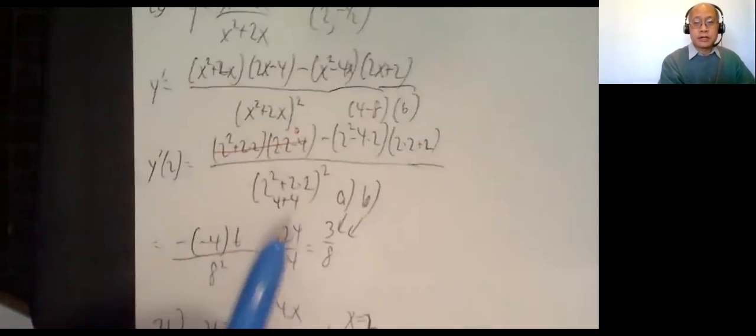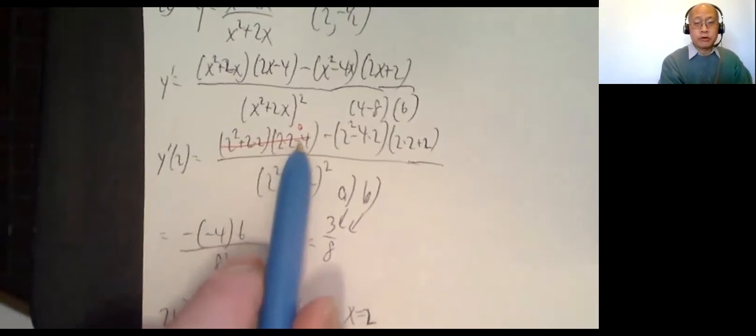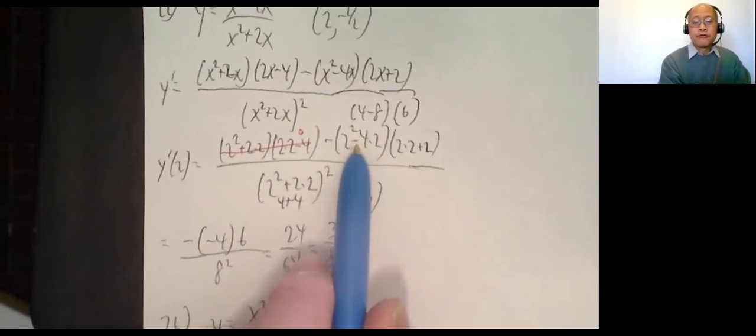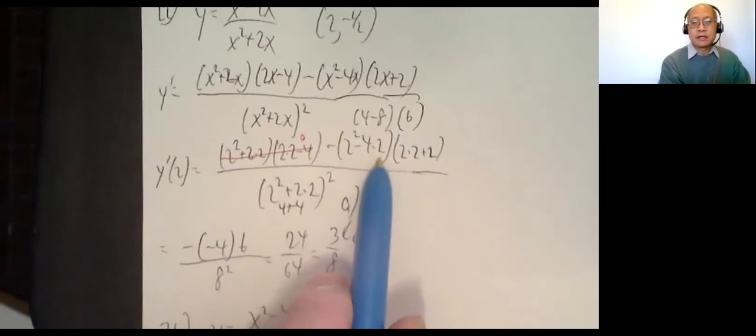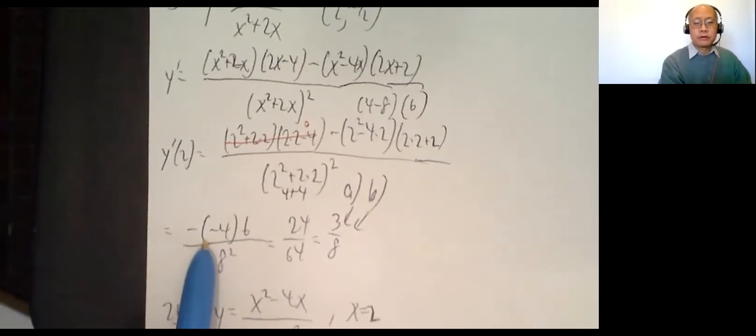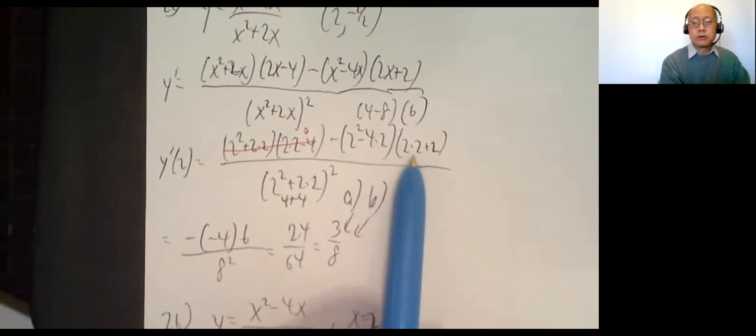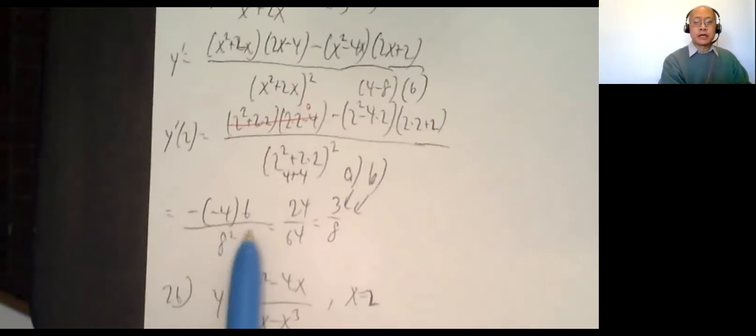Okay, so there's a lot going on here. So that's 0, right? 2 times 2, 4. 4 minus 4 is 0. 0 times that is 0. So negative 4 minus 8, negative 4. 2 times 2, 4 plus 2, 6.